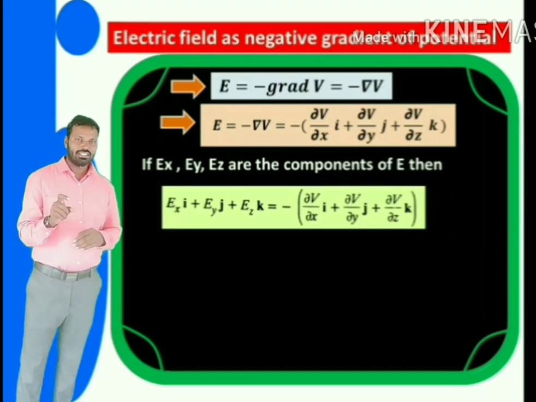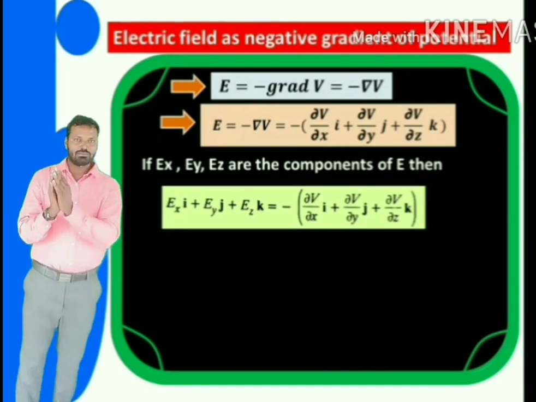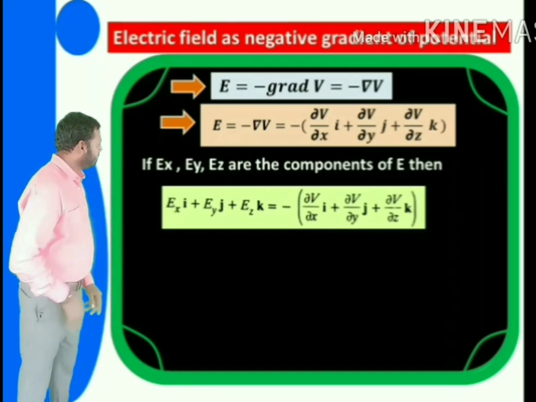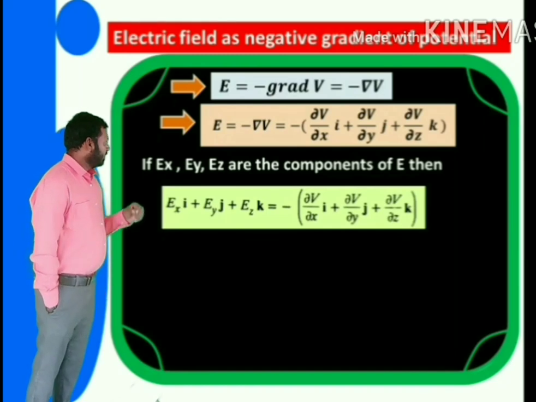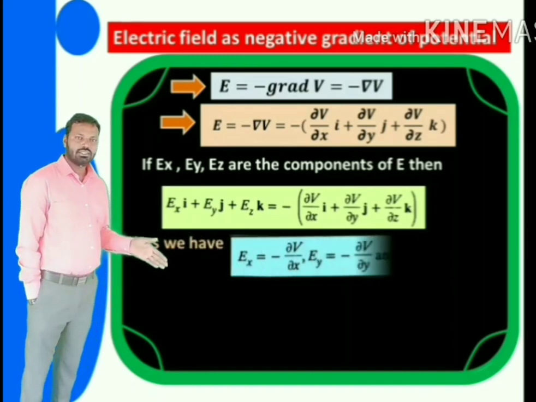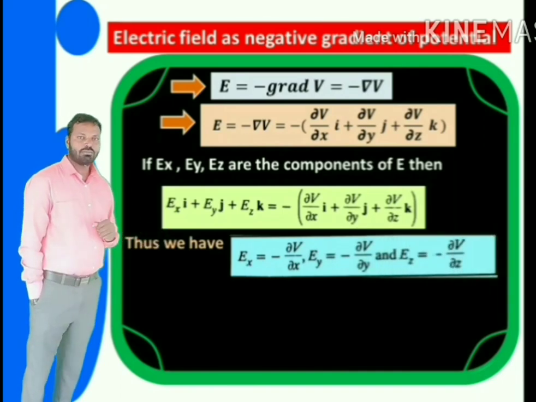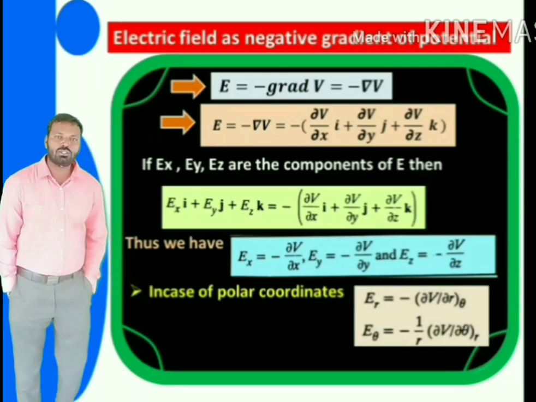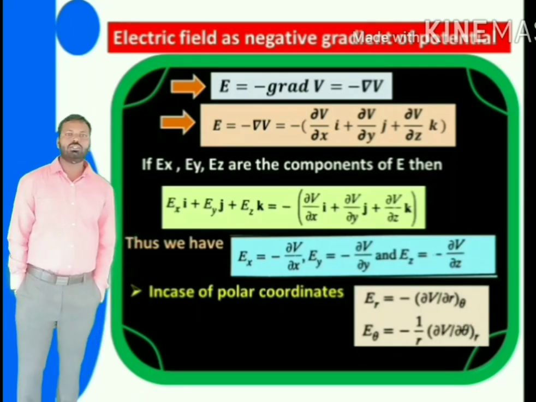If I consider individual components along three directions, then Ex becomes minus dou V by dou x, Ey becomes minus dou V by dou y, Ez becomes minus dou V by dou z. If I use polar coordinates, then Er becomes minus dou V by dou r and E theta becomes minus 1 by r dou V by dou theta.